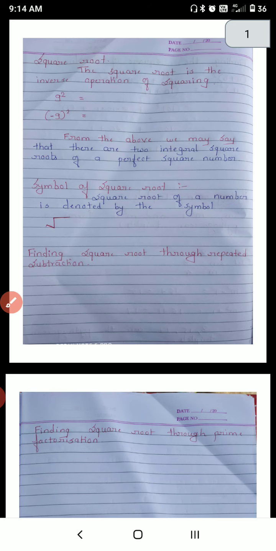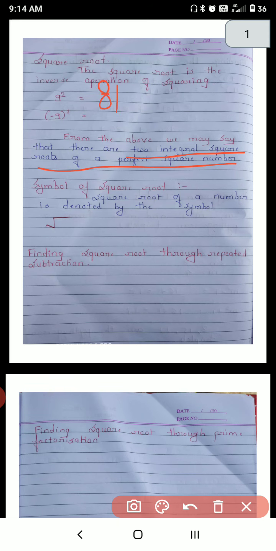So from the above we can say that there are two integral square roots of a perfect square number. How? See here, 81. I explained to you that the square of both numbers, whether minus or plus, is the same. This is the sign of a square root. So when you are going to answer that 81 is the square of which number, you will write plus minus 9.